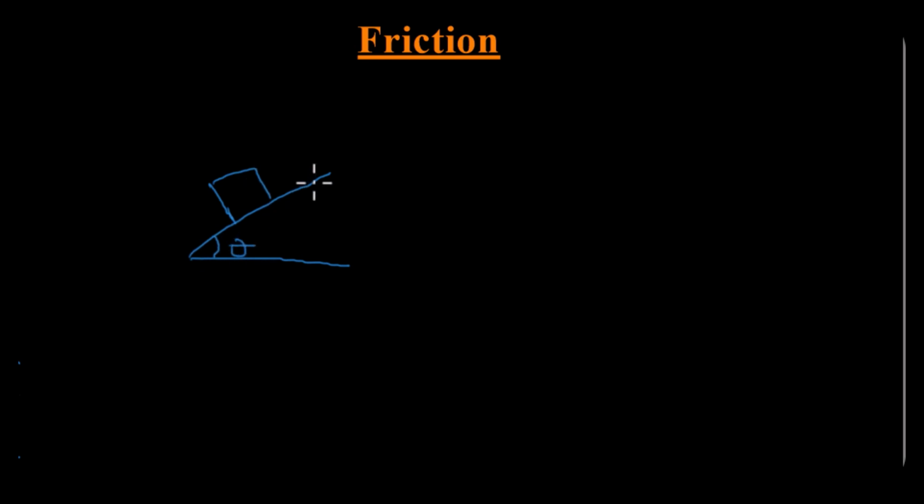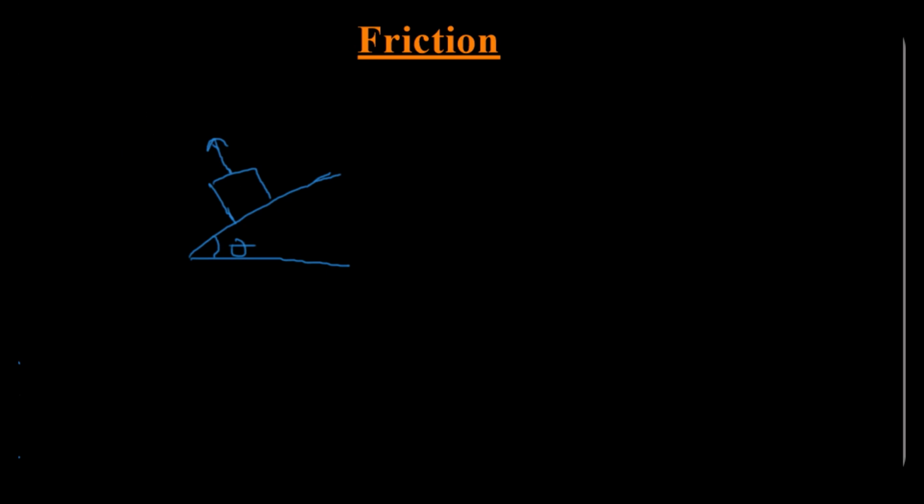Now, if this is my angle theta, remember the two forces that we say always act on the box by virtue of being in the Earth's gravitational space are my normal reaction pointing upward, always pointing upward, and my weight pointing downward. So let me draw this properly. This is theta.